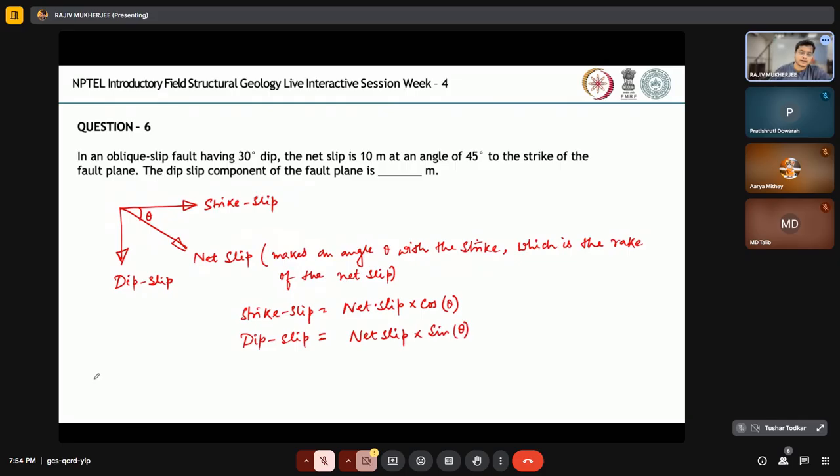Right? Now given is that theta is, sorry, not 30 degrees, 45 degrees.